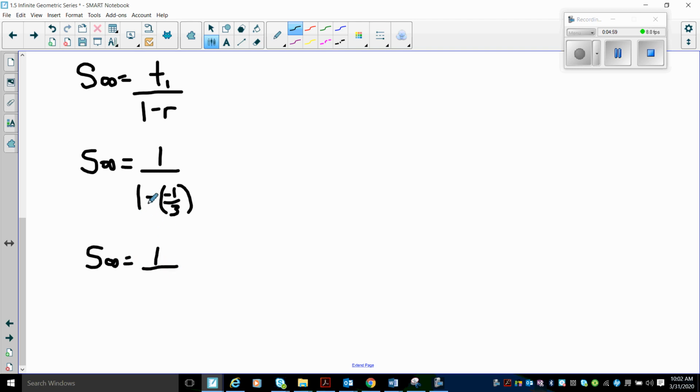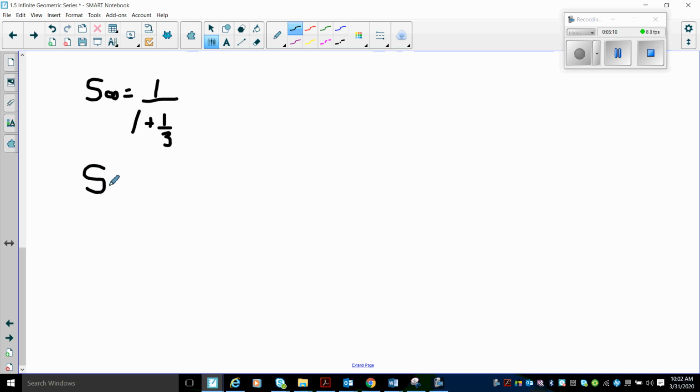When you subtract a negative, you end up adding the opposite, so 1 plus a third. Oh no, fractions! But don't worry, we just have to remember common denominators. We can write 1 as 3 over 3, and when we're adding, we only add the tops. So 3 over 3 plus a third gives 4 thirds: 3 plus 1 is 4 over 3.